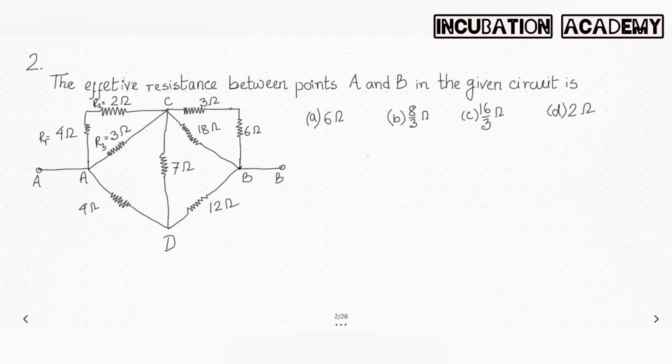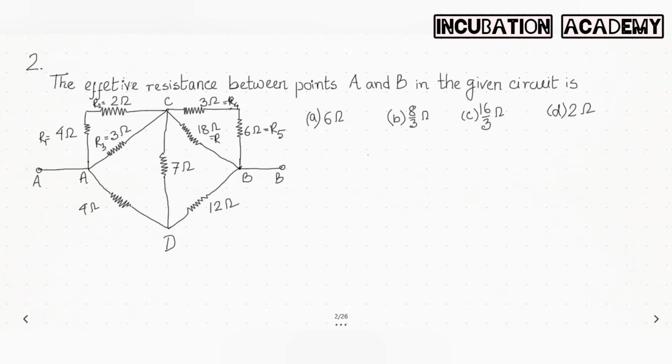Similarly, R4, the 3 ohm here, is connected in series with the 6 ohm R5, and the series combination of R4 and R5 is connected in parallel with the 18 ohm, which is R6.